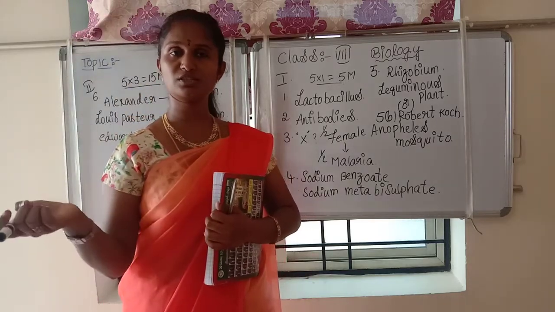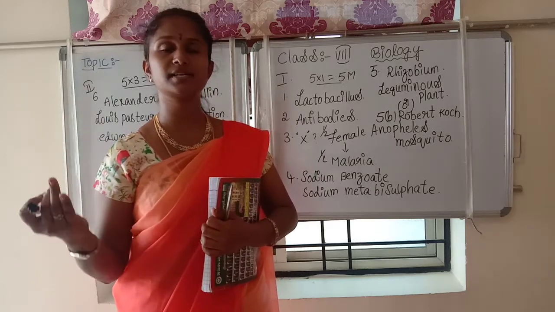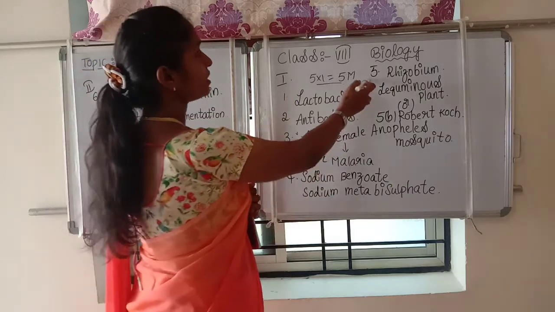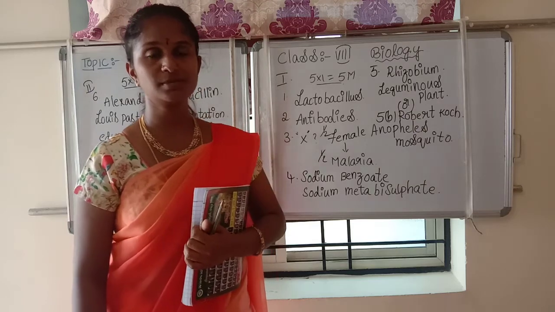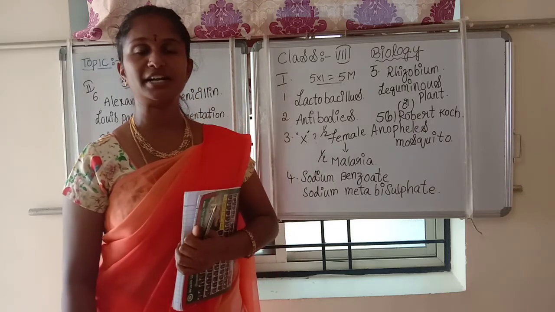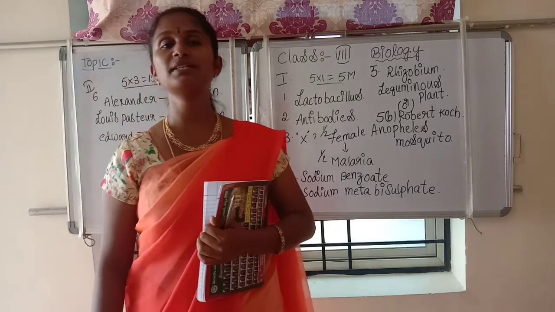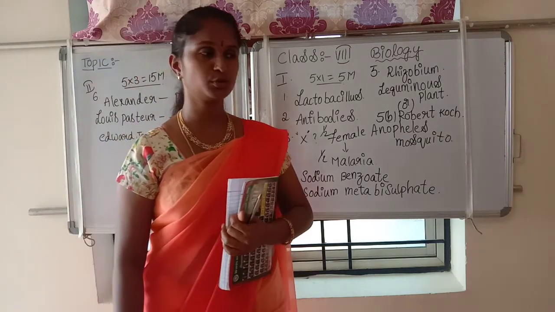Female anopheles mosquito may carry the malaria parasite or dengue parasite. Please check by yourself. And in the 5th question, rhizobium bacteria, leguminaceae plants. Don't get confused. Please recall it again. And you should remember the chemicals used in the preparation of food preservatives also.